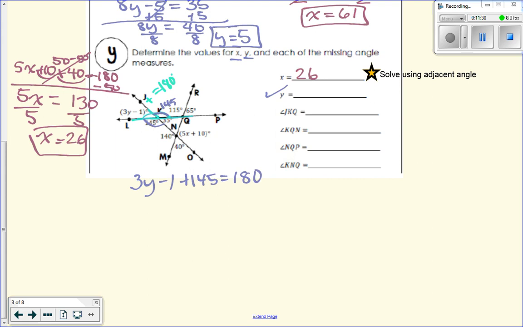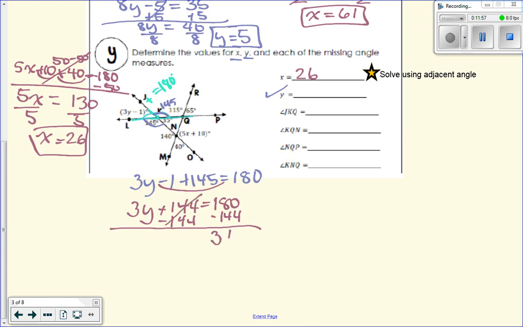So they equal 180. It's a positive 145, so we're going to add. That leaves us with 3y, 145 minus 1 is 144. And we're going to subtract 144 on both sides.